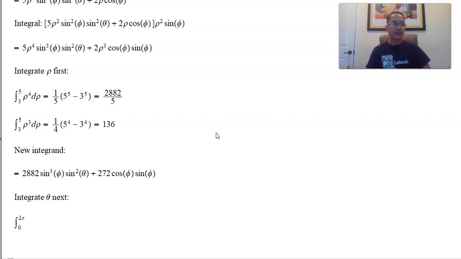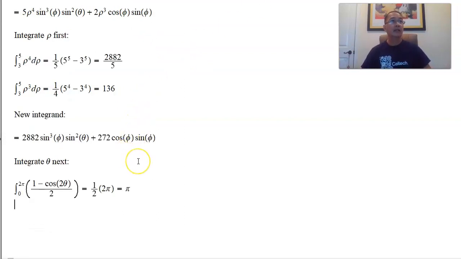Sine squared is (1 minus cosine 2 theta) over 2. So that's 1/2 theta, 1/2 of 2 pi, and the cosine 2 theta, sine 0 to pi, that all goes away. So we get pi.